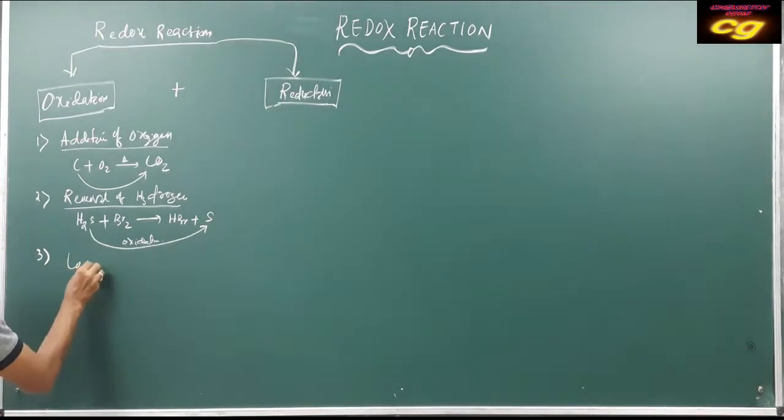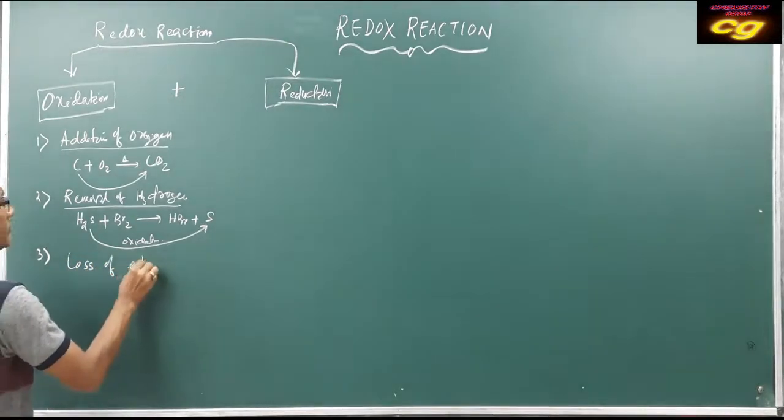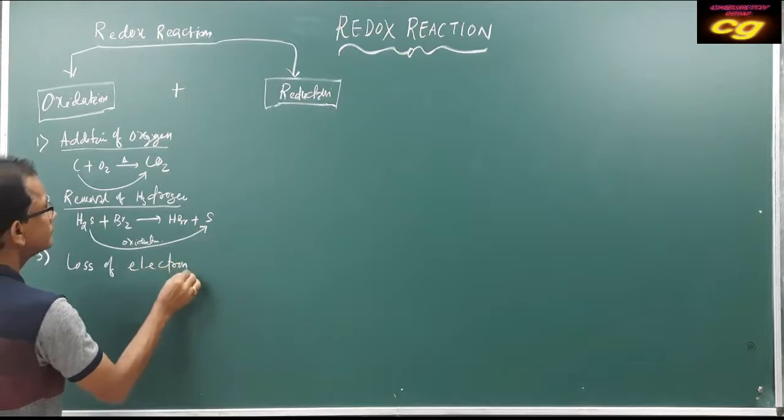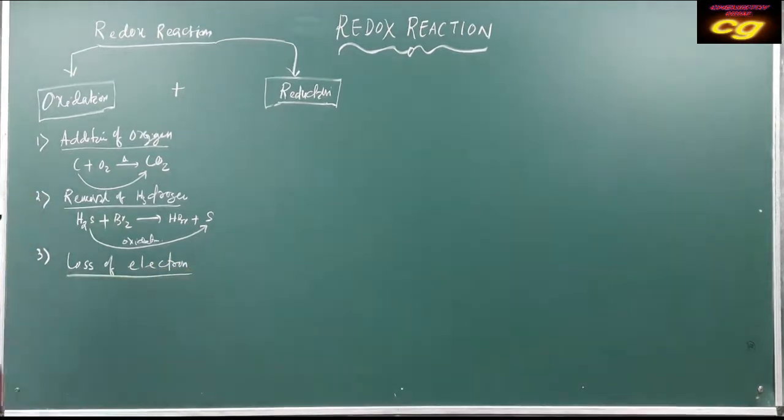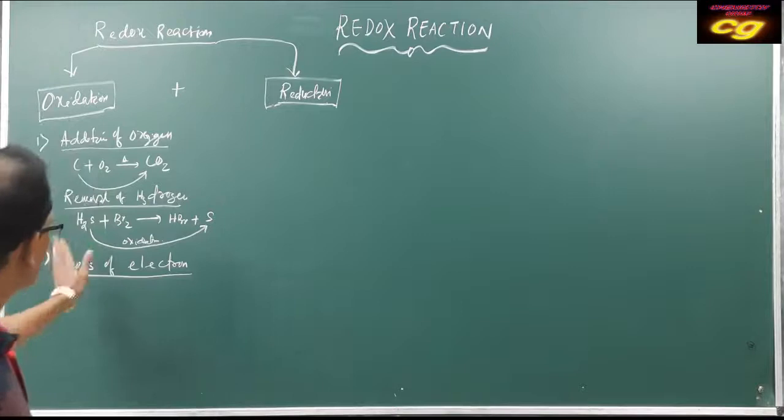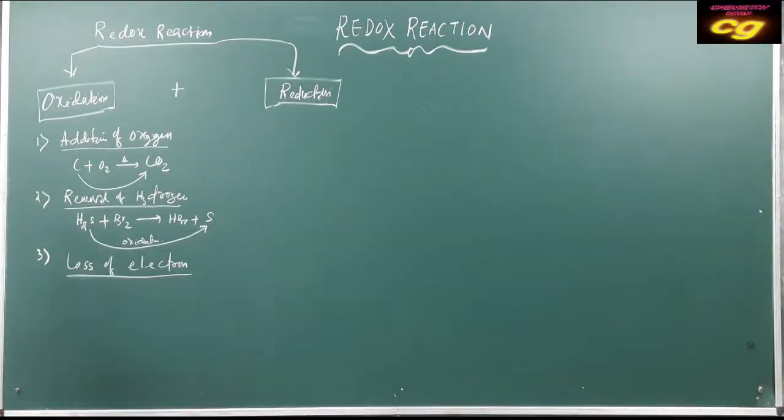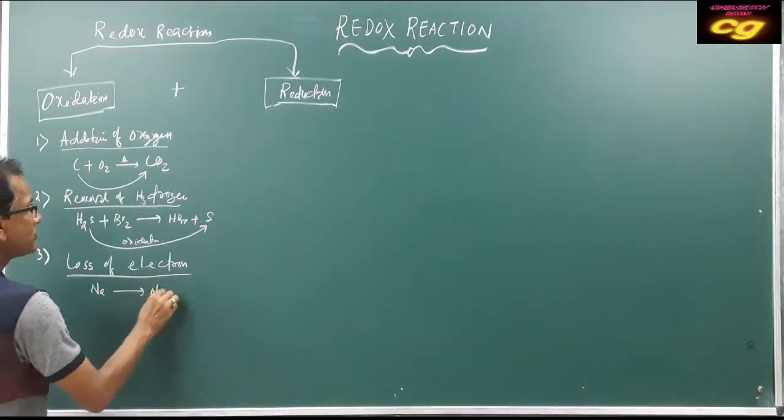Third, loss of electron. If you see the transfer of electron, if electron is lost, that is also called oxidation. For example, sodium converts to sodium plus.